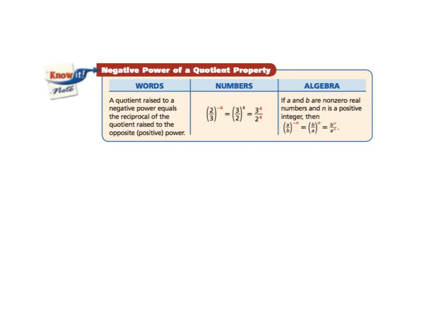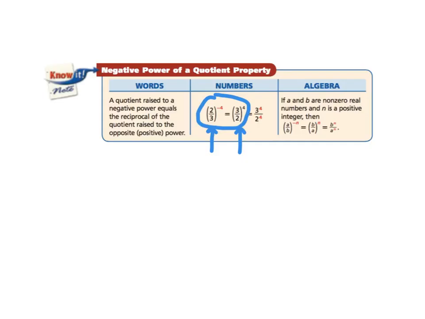And there's a funny thing that I want you to notice right here in the middle. If we raise a quotient to a negative power, that's like raising the reciprocal to the positive power, right? This says 2/3, this says 3/2, 3 over 2. And that's because when you divide by a fraction, you actually multiply by the reciprocal.